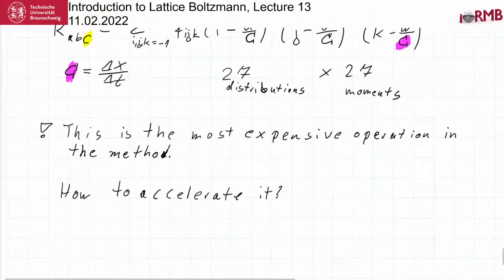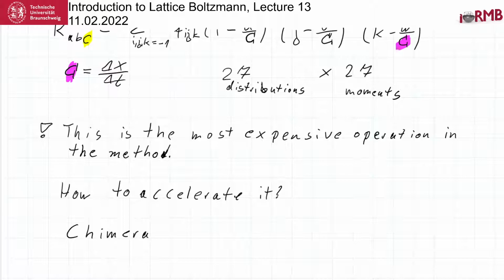And now comes this ominous Chimera Transform, this strange name, Chimera. Usually a chimera is a mixture of one animal with another animal, so it's a beast of some sort. And here what we mean is the chimera is part distribution and part moment.